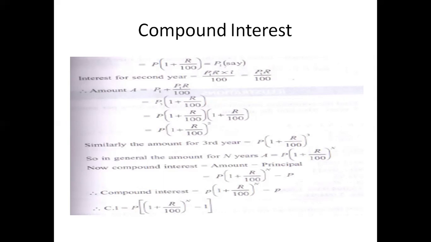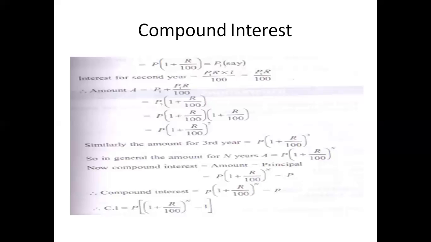So the amount at the end of the second year is P1 plus P1 into R by 100, because the amount changes from the first year to the second year. Taking P1 common, we have P1 into 1 plus R by 100.